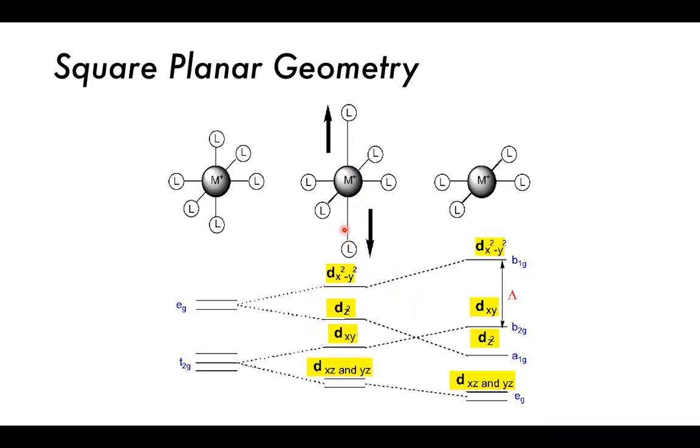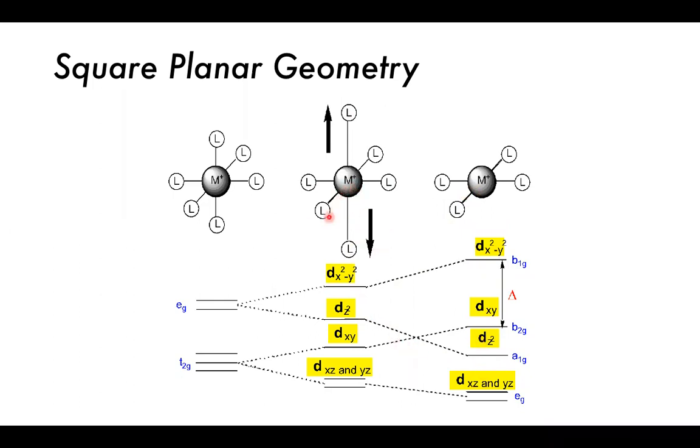And if we continue to do that until we remove those ligands, the dz squared becomes even more stable because there's now no repulsion. Here there's a little bit of repulsion, but here there's really none at all. And so that greatly stabilizes that orbital.